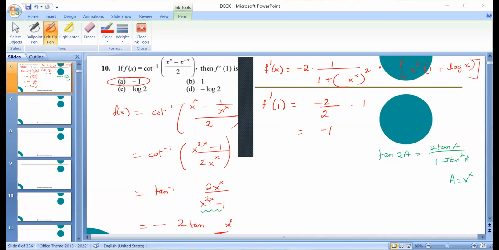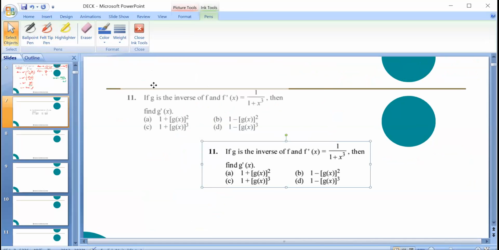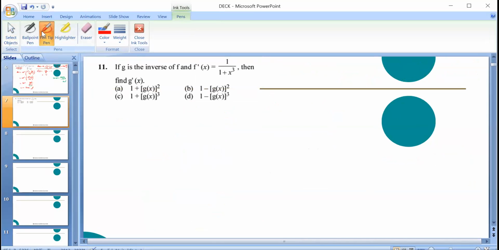I'll take question number 11. Question number 11: g is the inverse of f and f dash x is 1 by 1 plus x cube.